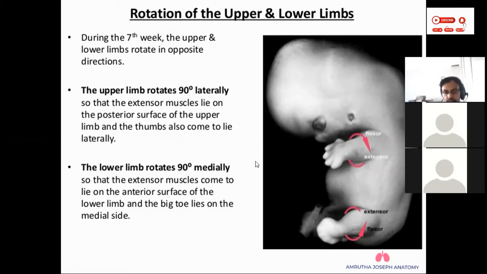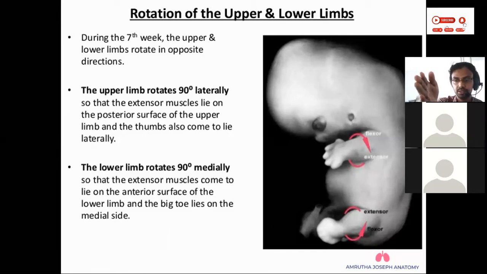We have to do it today by demonstrating on your upper limb. I will just show you that. This is the trunk, I mean, this is the upper limb bud. So this movement, right? This is lateral rotation of the upper limb, whereas the lower limb, look at this. This is the extensor surface. The opposite side is the flexor surface, and it is going to rotate medially.